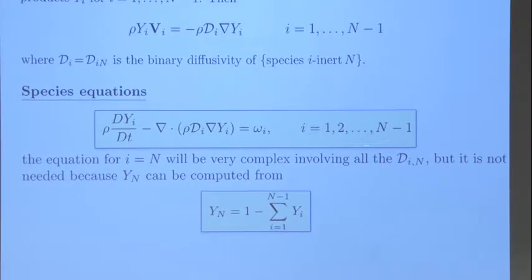We can only use those for N-1 species, and the last one obtained from Y_N equal to 1 minus the sum of the remaining Y_i. And we can only use those for those which are scarce, which are limited in the mixture.